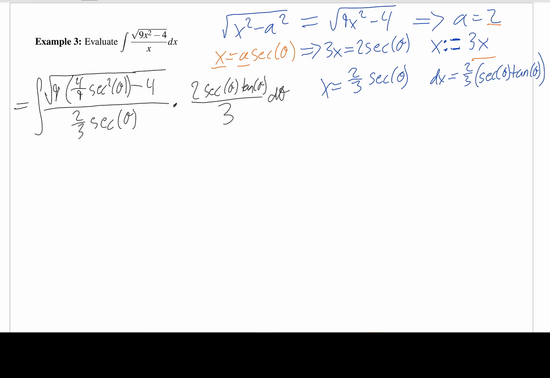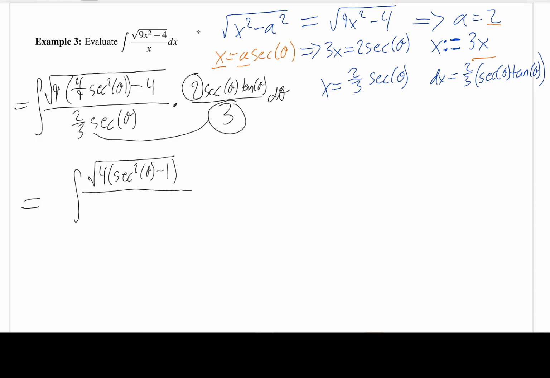Okay, so let's see what happens here. Well, when I go to simplify this, these 9s will cancel. So I'll be left with a 4 secant squared theta there. So I'm going to factor that 4. We'll have 4 times secant squared theta minus 1 over. So I'm also going to take this 3 and multiply it with this 2/3, so it'll cancel out our 3s.